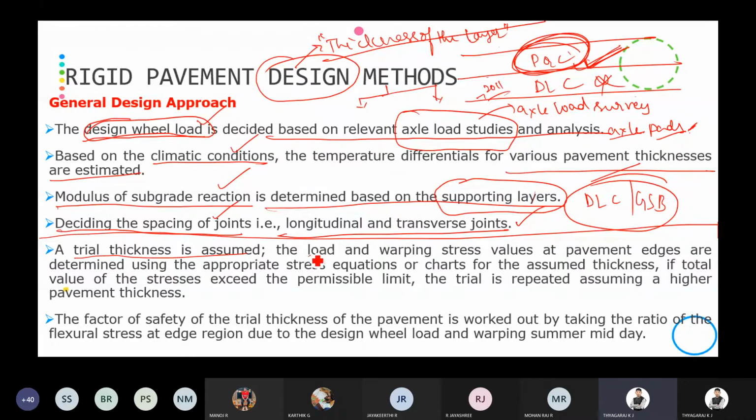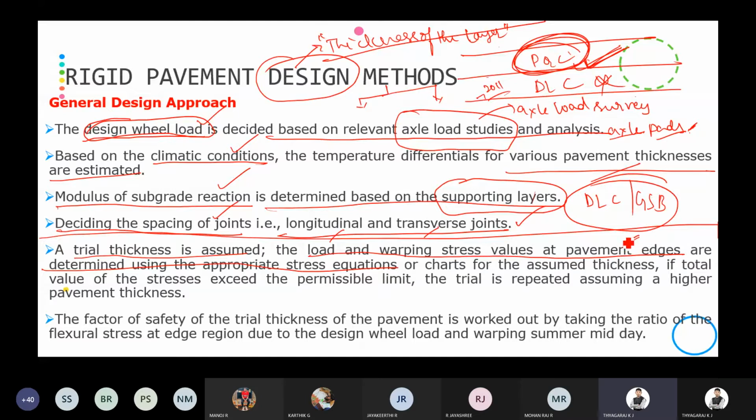Then the load and warping stress values at pavement edges are determined using the appropriate stress equations. So the load stress and temperature stress: the load stress obtained by Westergaard's equation, and warping stresses obtained by Westergaard's equations, are determined at the pavement edges.